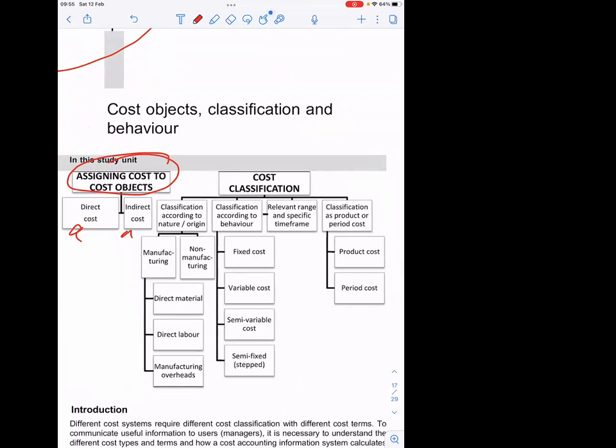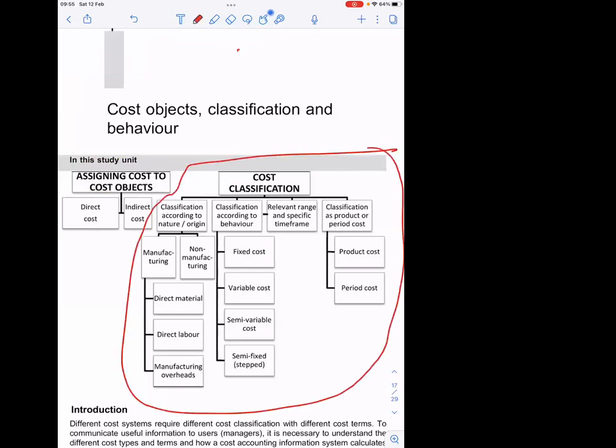And then we've got cost classification. So I want to start with the main one. This one looks at the classification of costs in general. It is not only looking at the classification of product cost. Okay. So now I'll tell you what the management accountant does.